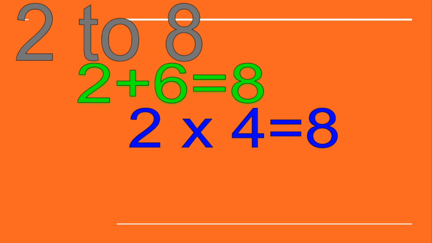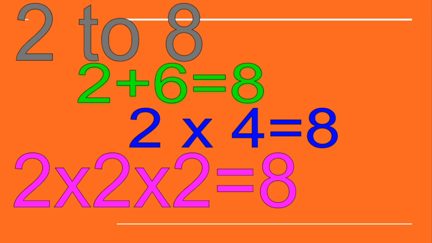Now, we could also look at it exponentially. 2 times 2 is 4, and then 4 times 2 is 8. Another way I could write that is 2 to the third is equal to 8.